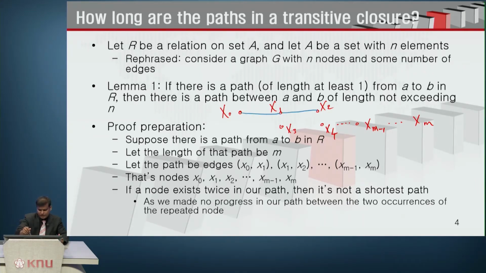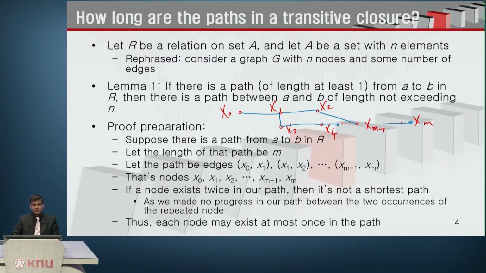You can consider the connections in a different way. Say this is connected to some other points here, and again the point is connected to this part. Anyway, this is a graphical connection, and we can think about the path length in this preparation of transitive closure. Each node may exist at most once in the path.